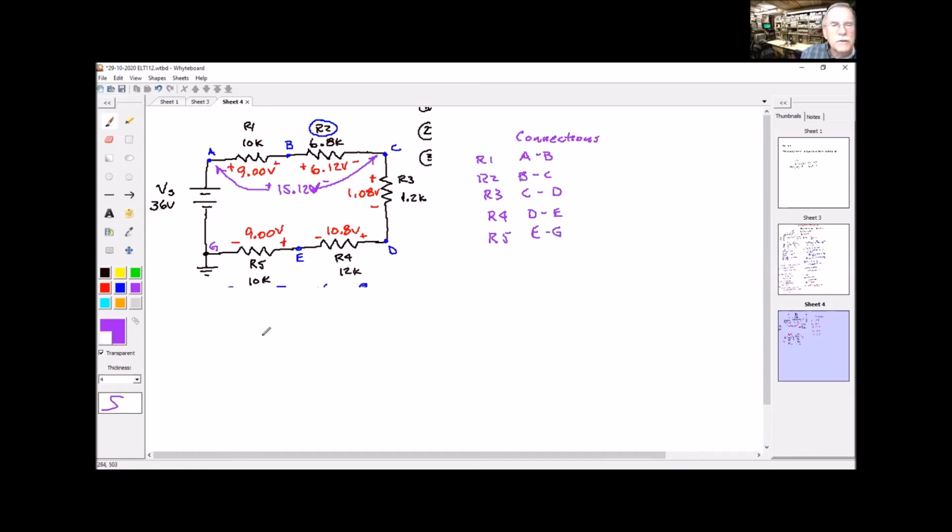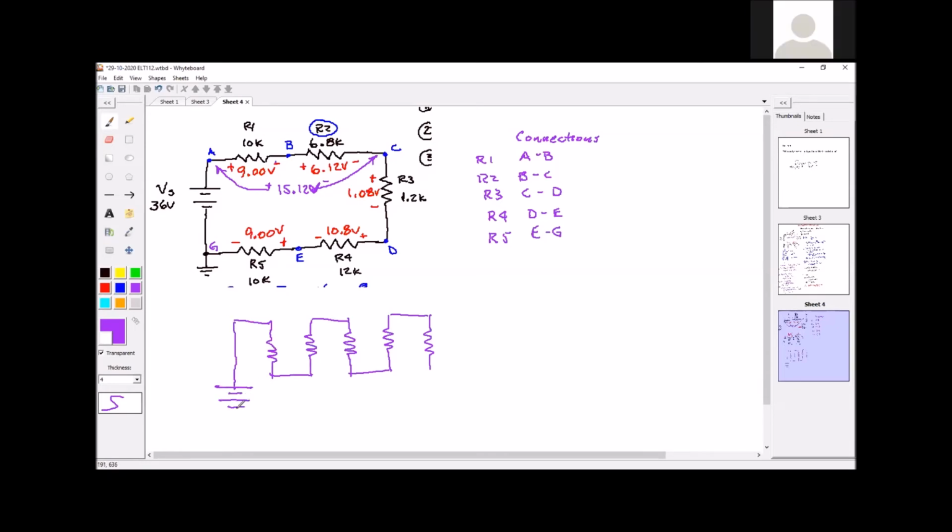Because remember, even if I drew the circuit that way, those resistors are still in series.